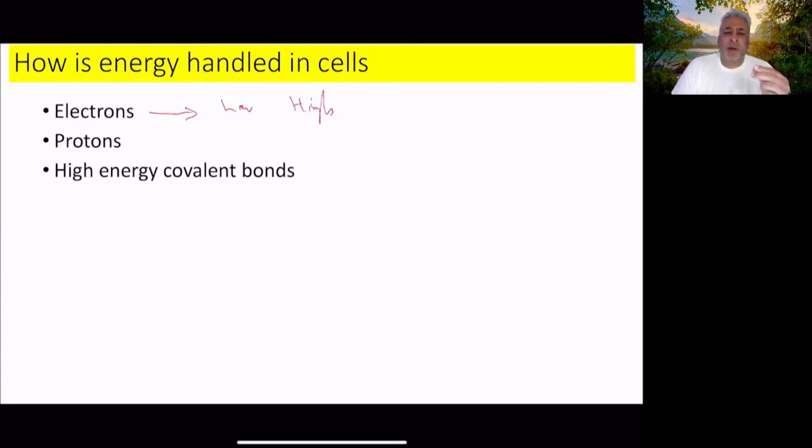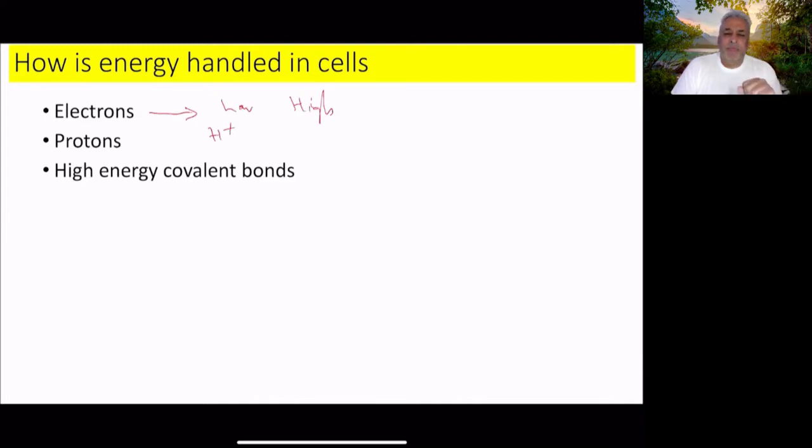So electrons are the primary way in which energy in molecules is handled by biological entities. In addition to just electrons, protons also possess energy. And wherever we have a release and high concentration of protons, we will have associated energy. So by moving protons from one place to another, we can transfer energy.